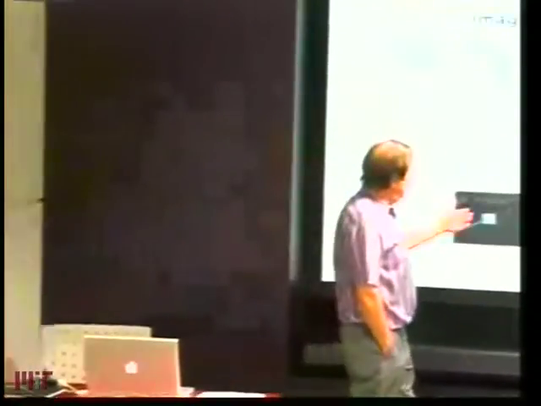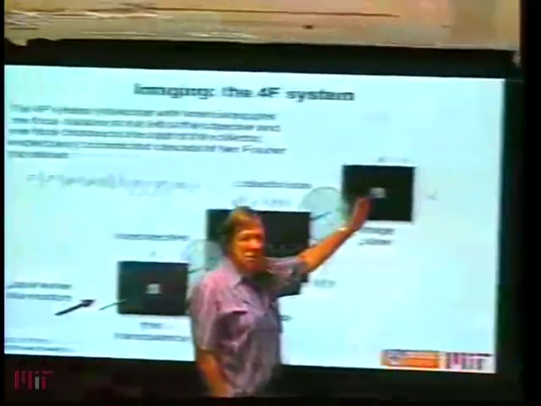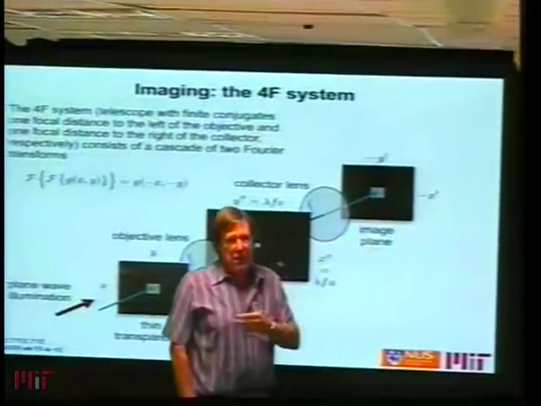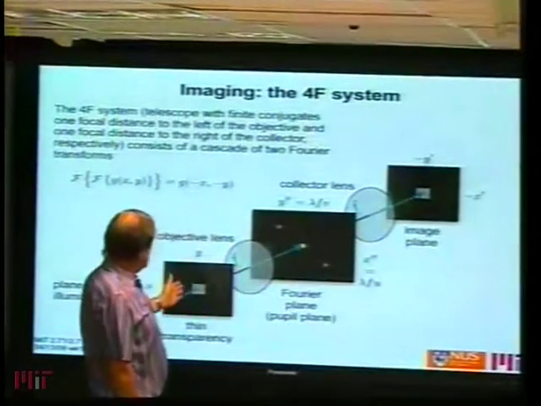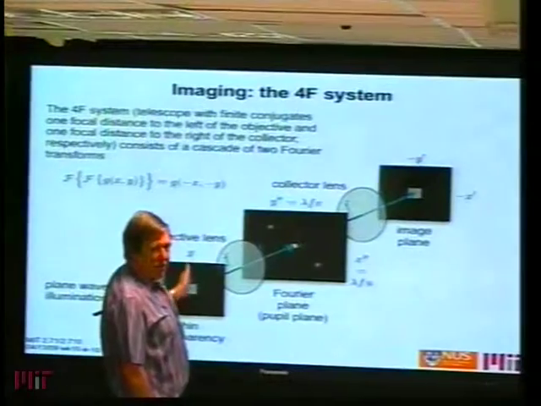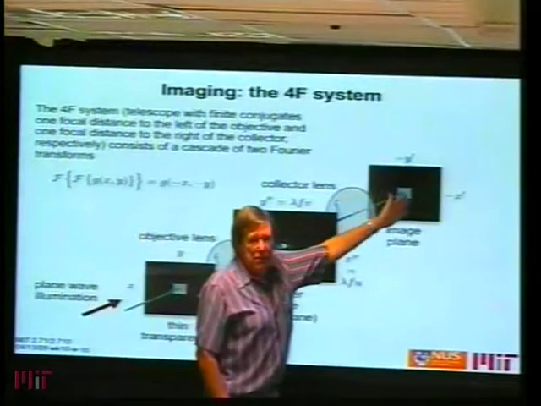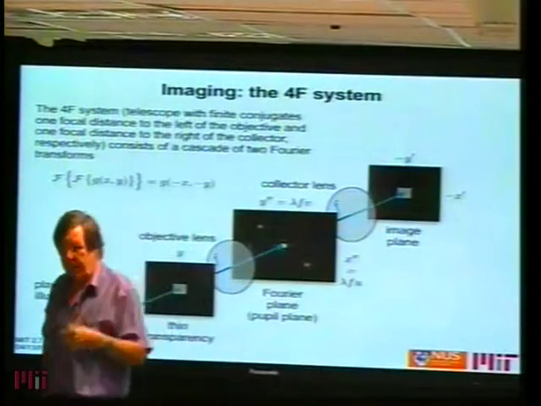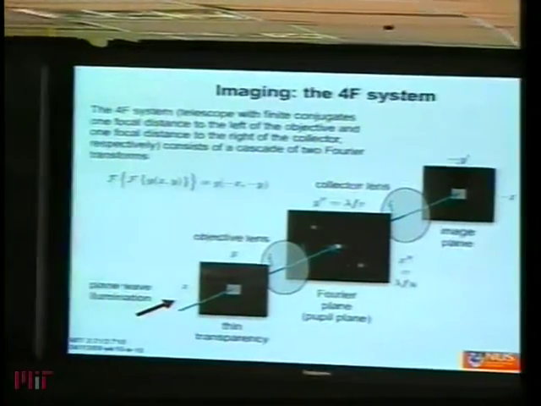But there are 2 reasons why you might want to. One is that it produces this image in a different plane. So it's like it has transported this distribution of light from this plane to this plane. So that's one type of application.